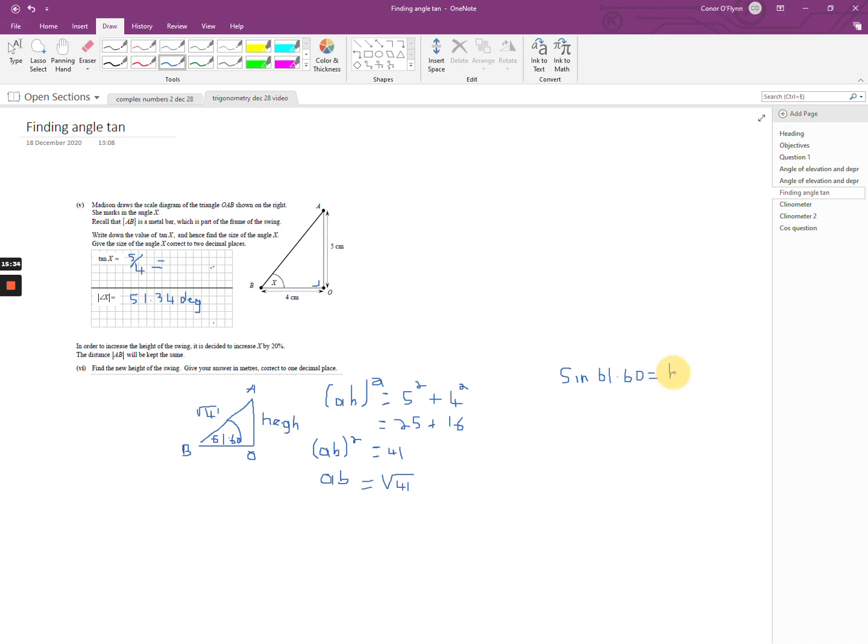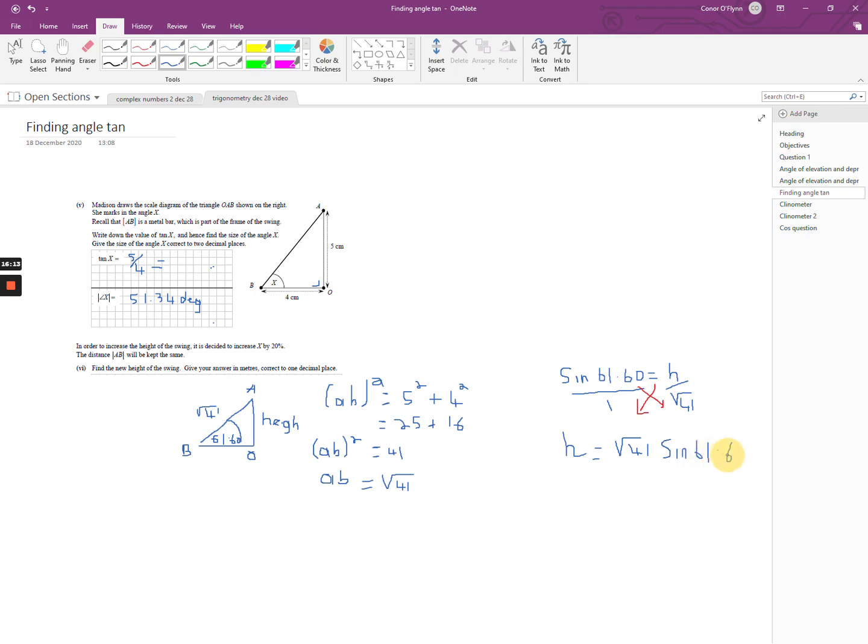That's H over the square root of 41. Again, looking for H, that's obviously over 1. Something over something equals something over something, always cross multiply. So H equals root 41 sine 61.6.